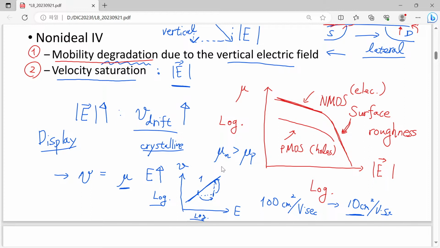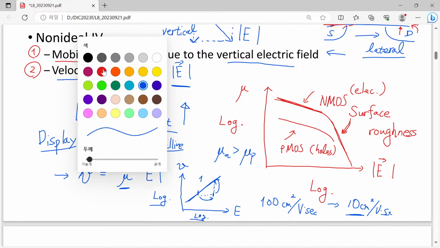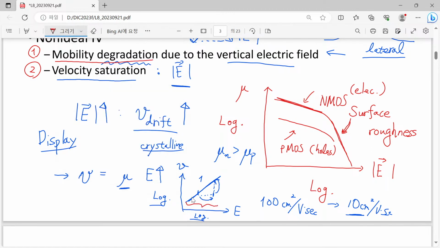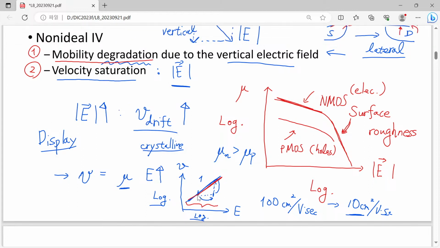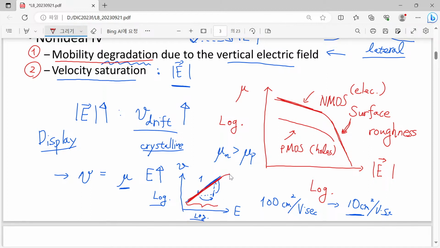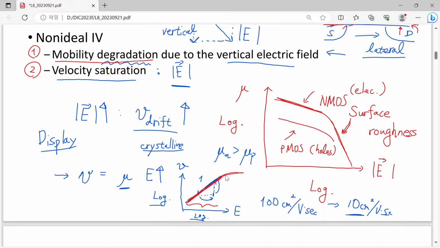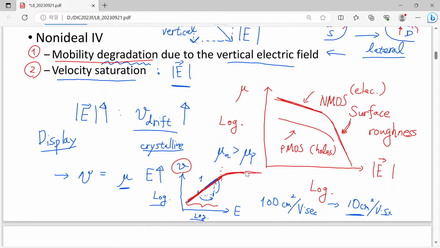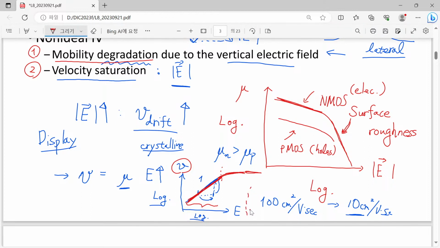However, as we have seen already in our previous lecture, what was the measured data? The measured data shows that for low electric field, this kind of one-to-one relationship really happens. However, after that, we have a much degraded increase of our velocity, and eventually there is almost no increase, even when we further increase the electric field.